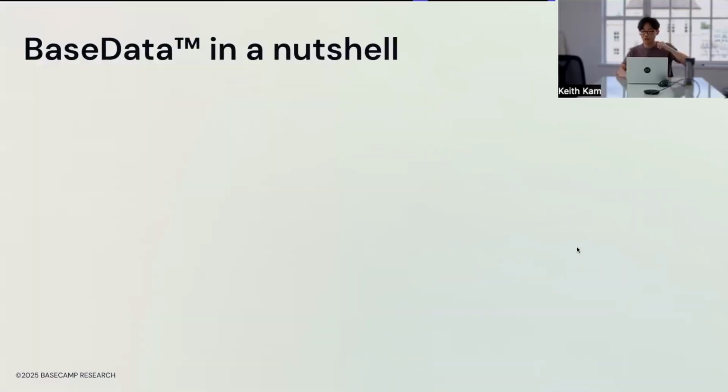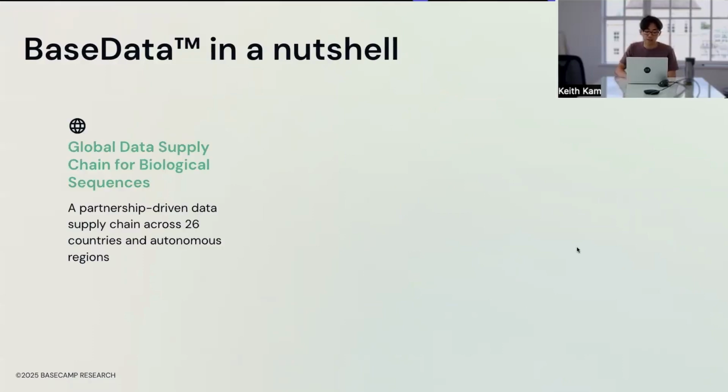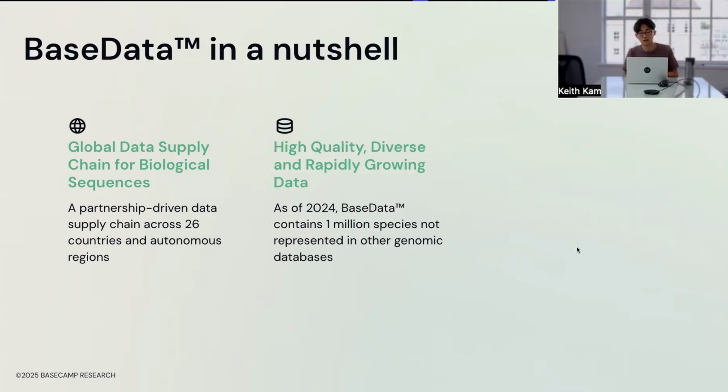So to recap the first section in brief, as a company, Basecamp, we built a supply chain for gathering novel biological data, particularly sequence data inside of DNA. We're working with a global supply chain to build that input. And this has resulted in our ability to sustain and scale data growth over time, especially over the last year.